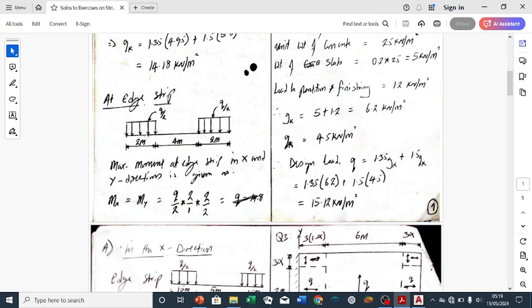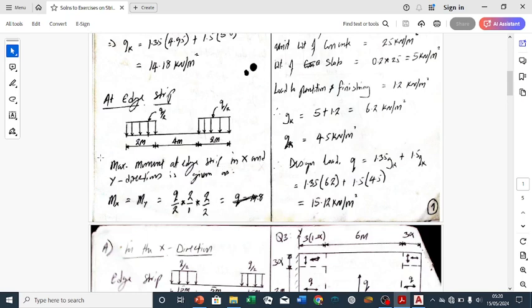The next thing we are going to do is convert this load into a point load so that we will be able to take moment from the edge, because you are taking moment from this edge.